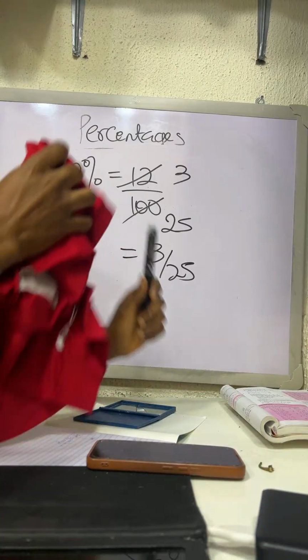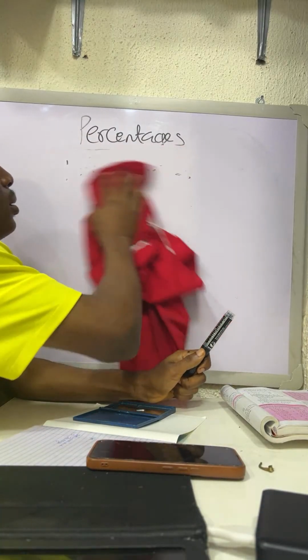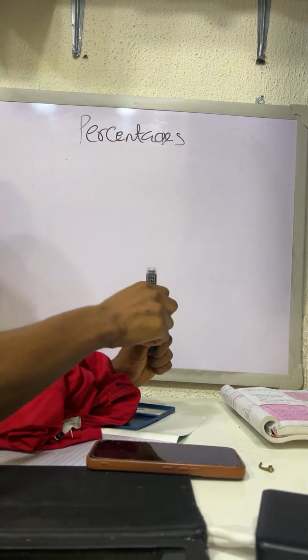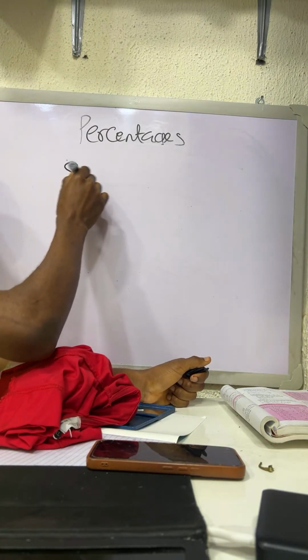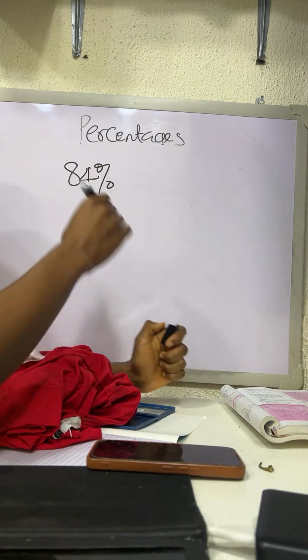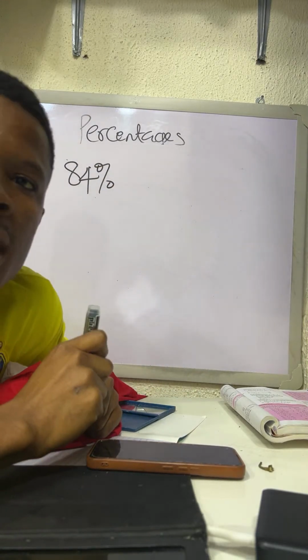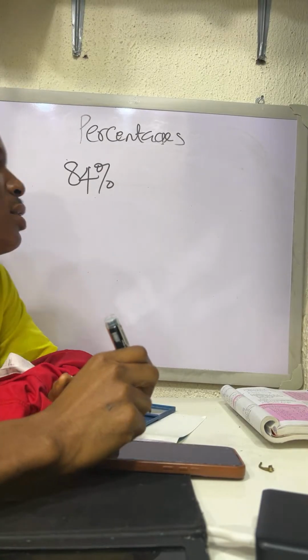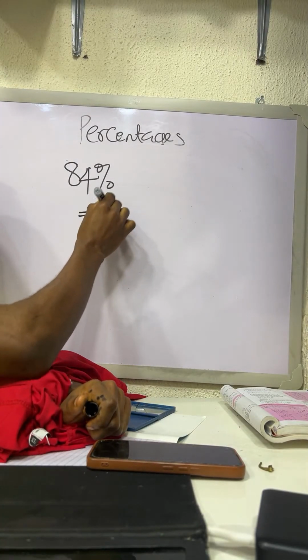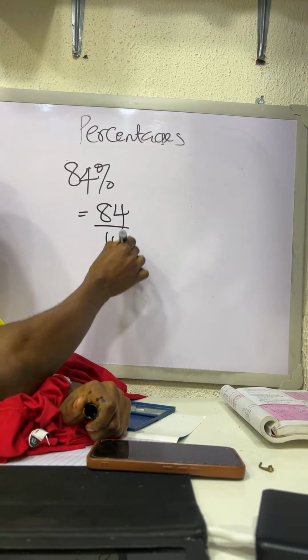Okay, good. So let's continue. We have 84%. Can you try that? 84% is the same thing as 84 over 100, right?